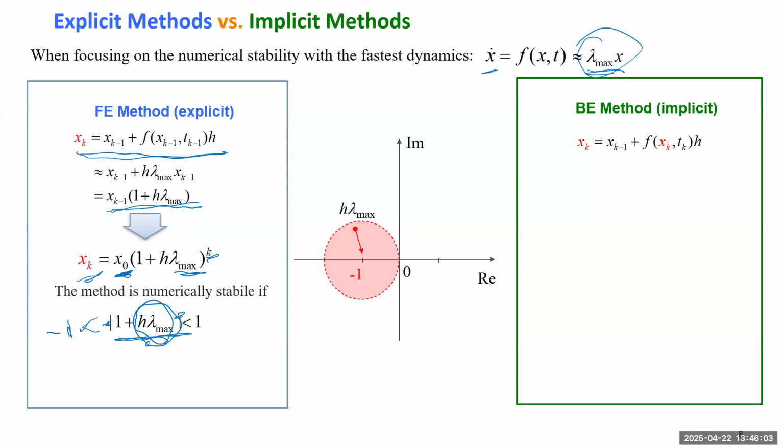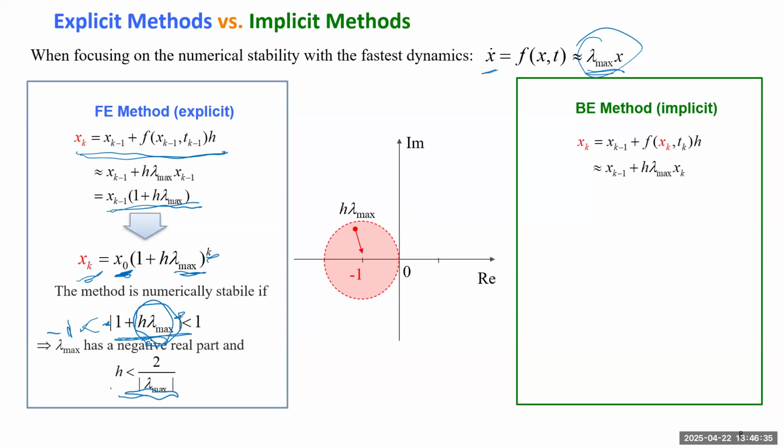So we can easily prove this inequality has to be true: the time step needs to be less than 2 divided by the absolute value of lambda max. If h is less than this limit, the simulation is numerically stable.